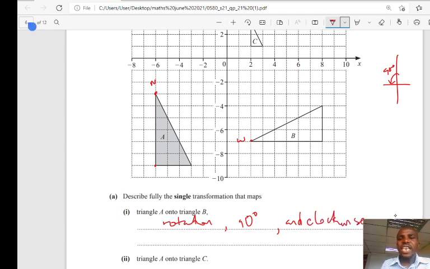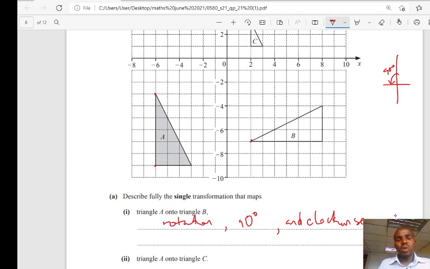Then the center of rotation. You can use the compass method: join two corresponding points, then bisect them. Or you can just do the counting method. From this point, how can I get to this point?